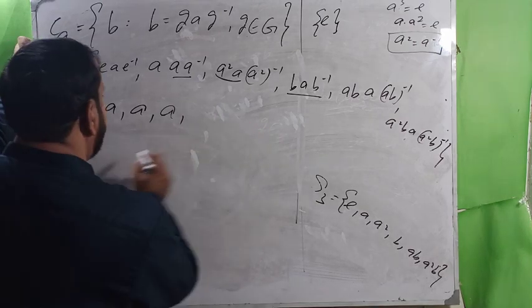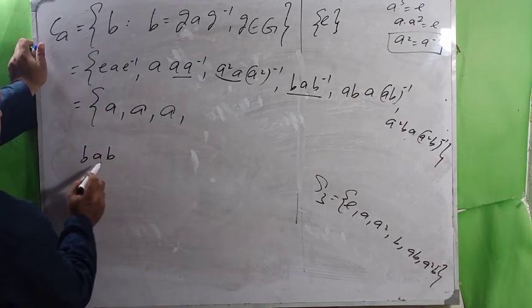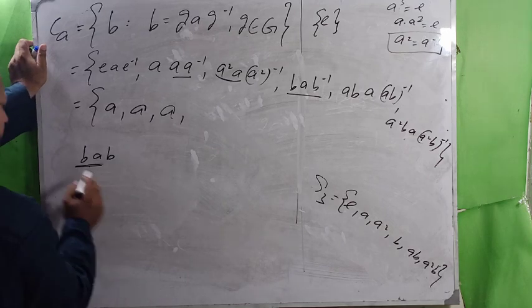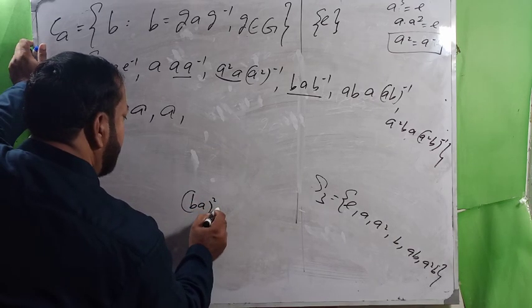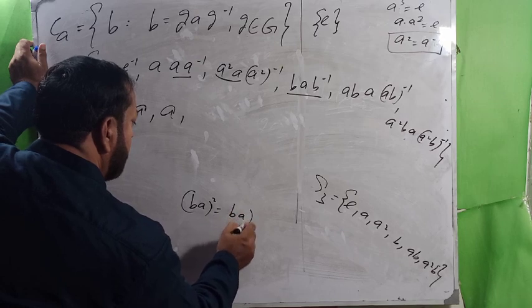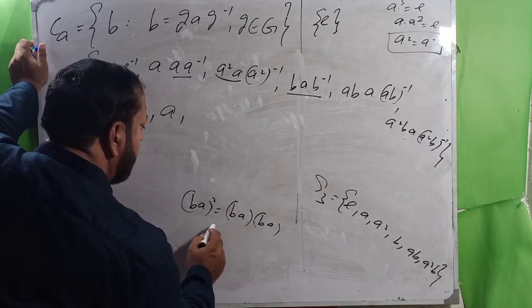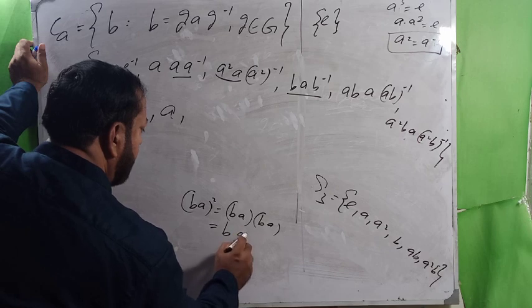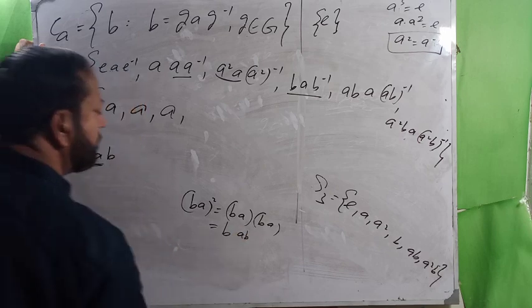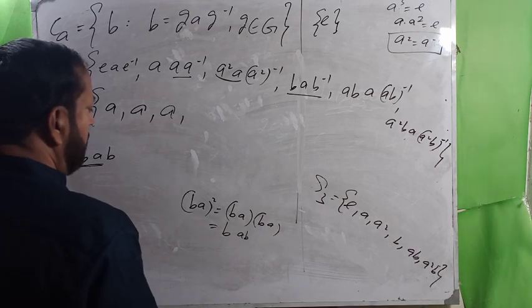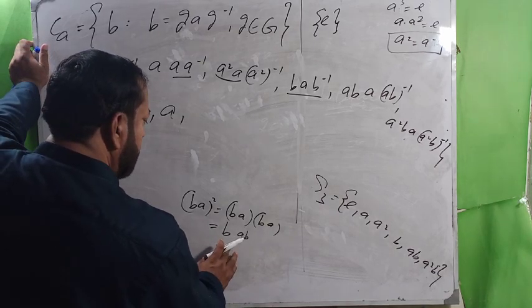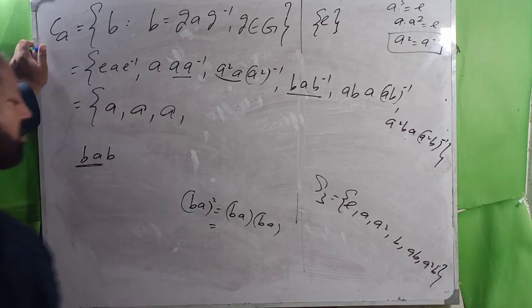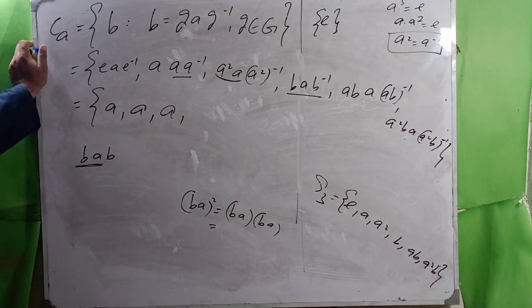You know, BAB, and this BA is, you know, A square B. BA square is BA, BABA.